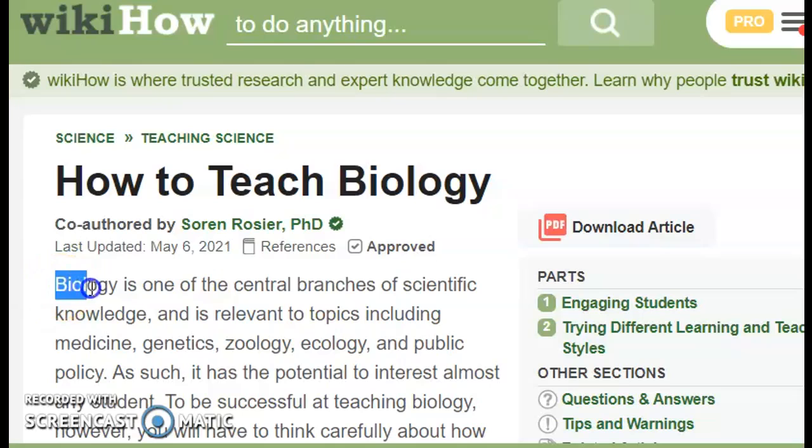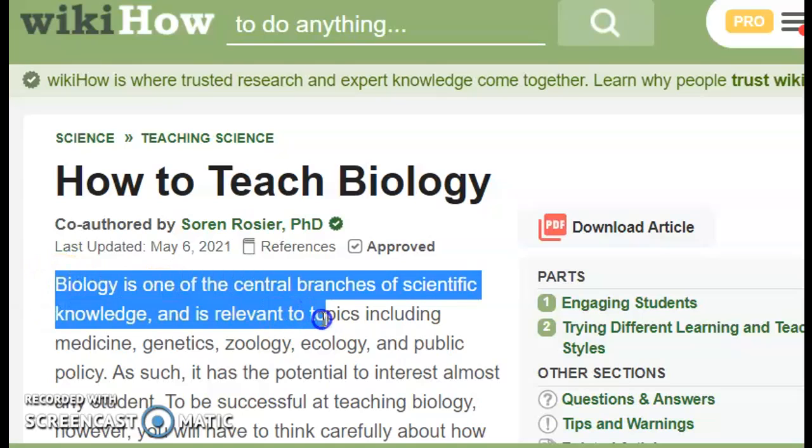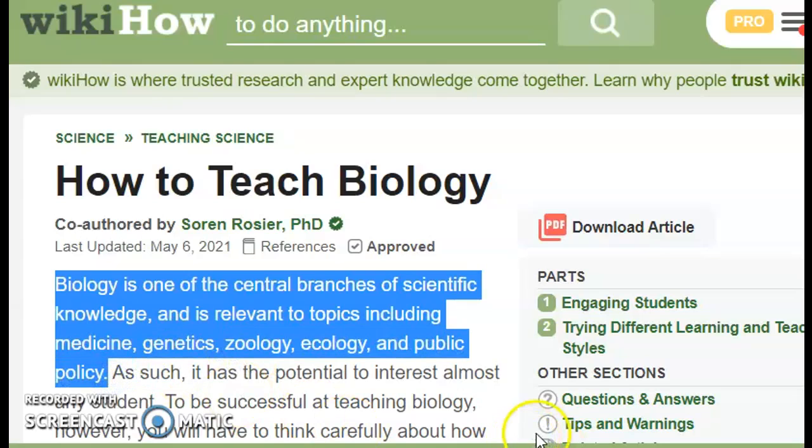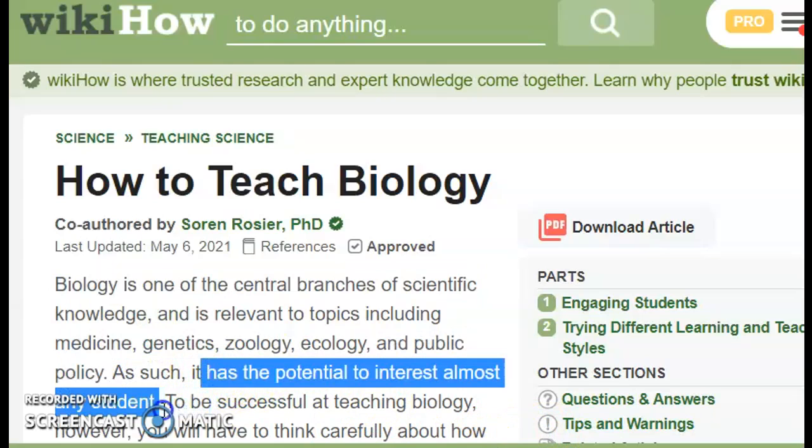How to Teach Biology, co-authored by Soren Rosier. It starts off by saying biology is one of the central branches of scientific knowledge and is relevant to topics including medicine, genetics, zoology, ecology, and public policy, for example, such as health. As such, it has the potential to interest almost any student.